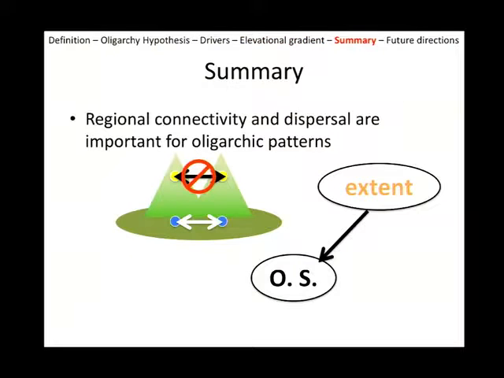So the main conclusion from these two studies is that regional connectivity and dispersal limitation is important and is apparently the most important driver of oligarchic patterns in this system, in the Andes Amazon transition.